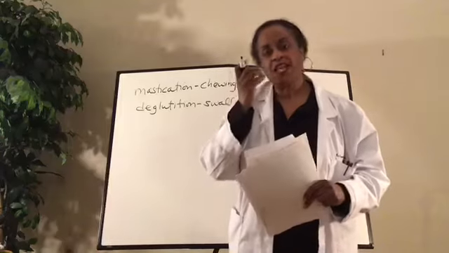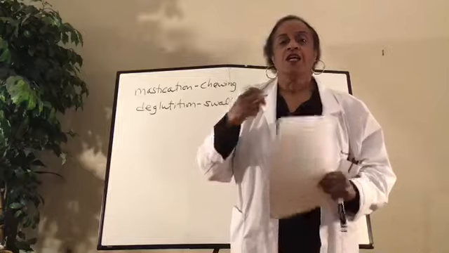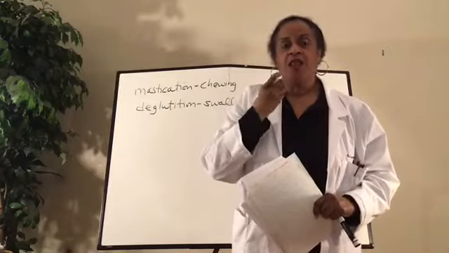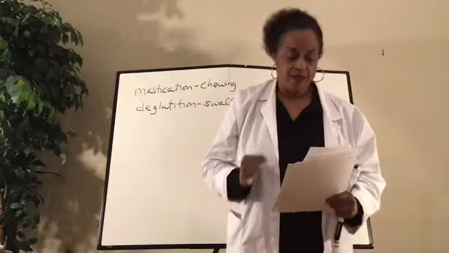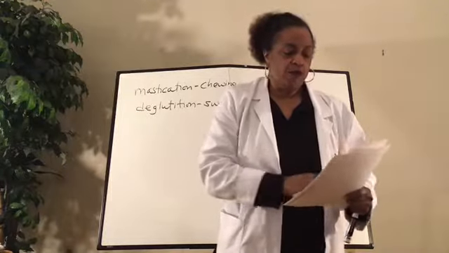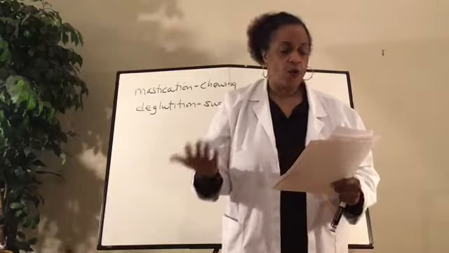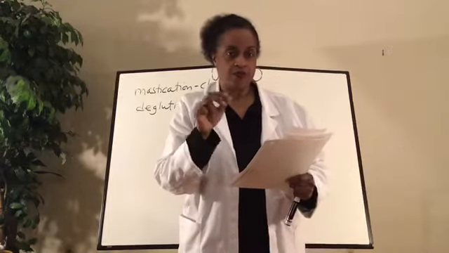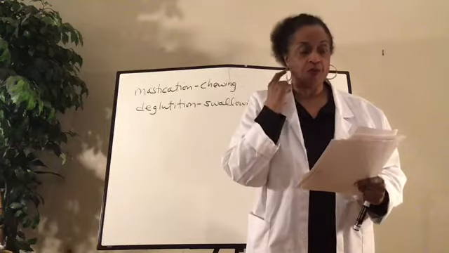A bolus is like when you are chewing or eating your food, you typically turn it into a little ball, and then we swallow it. Okay? And this is moving a food bolus from the mouth to the stomach. You have an oral stage from the mouth to the oropharynx.